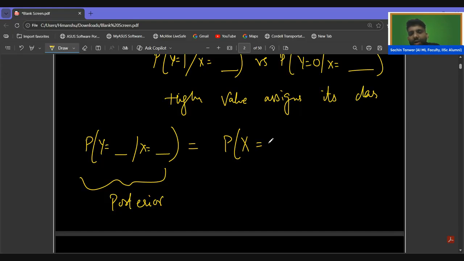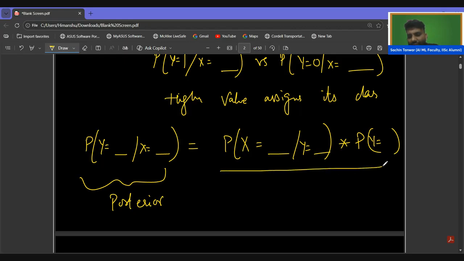It would be the probability of x given y is equal to whatever was required to be found, into the probability of y is equal to that, divided by the probability of x is equal to whatever we are having over here. So this is the basic idea.